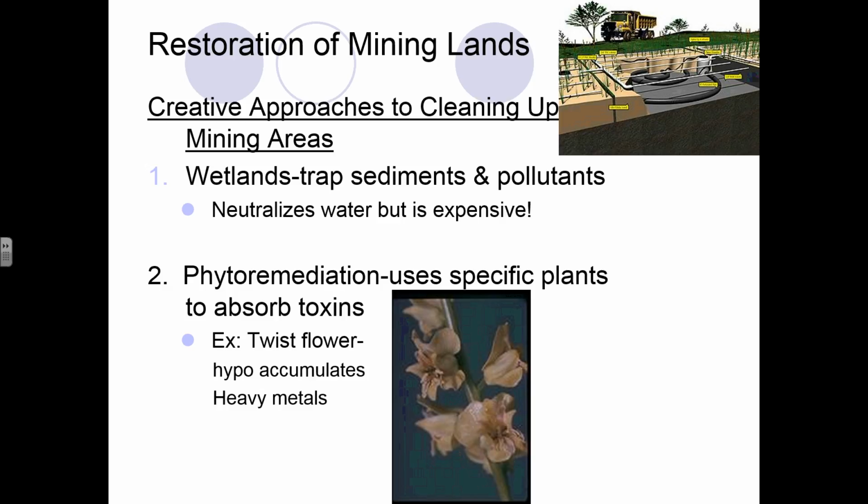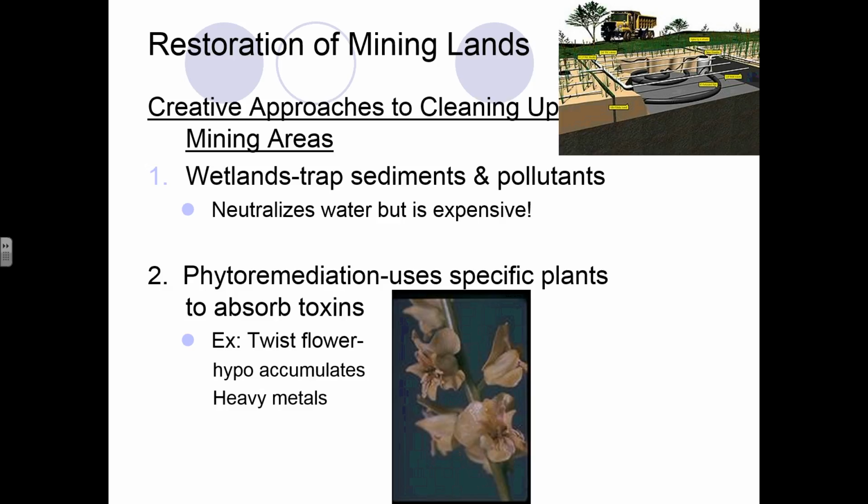Basically, it's going to store some of this nickel in its cells, and we can find an area that needs the removal of nickel and heavy metals, plant the plants, and the plant is going to absorb that heavy metal. Then we have to dispose of the plant. Obviously the plant's not going to live there forever, because you don't want any of those heavy metals moving through the food web and the food chain.